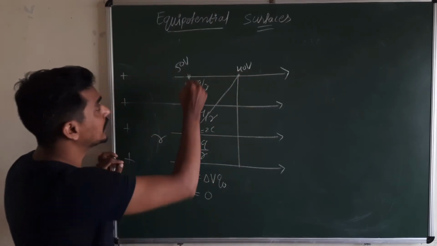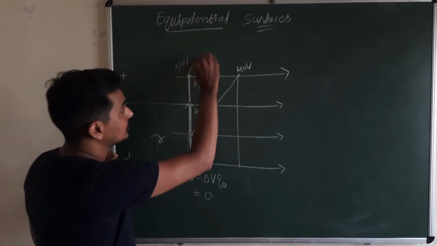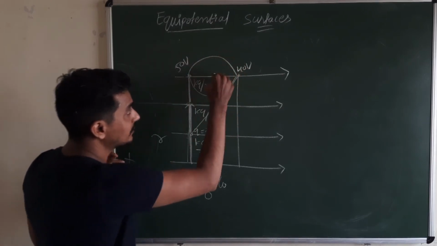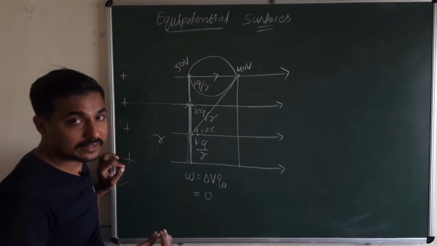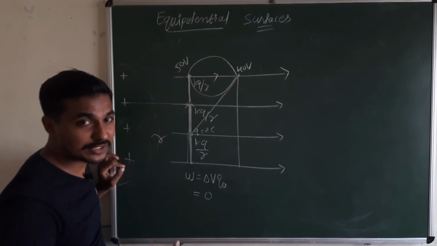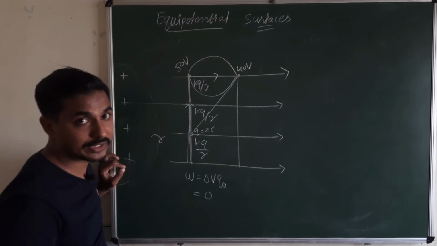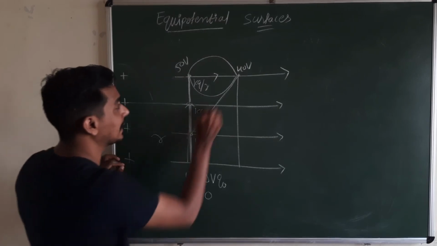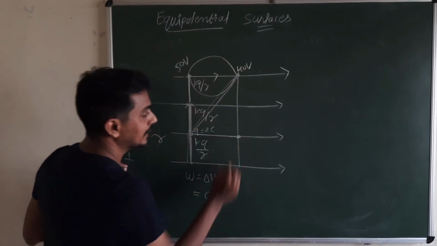If you take a charge from this point to this point, in this way or directly this way, we know that electric field and electric potential are conservative quantities, so it does not depend on the path. If you take it like this or like this, it remains the same.